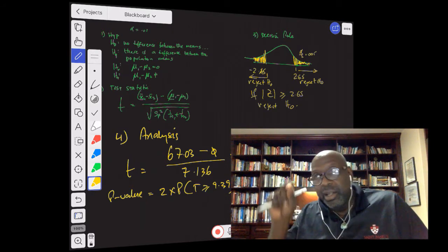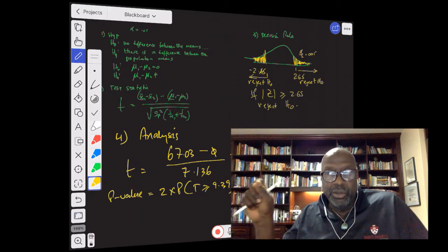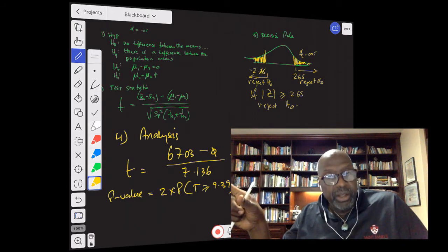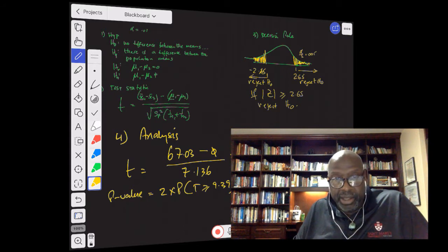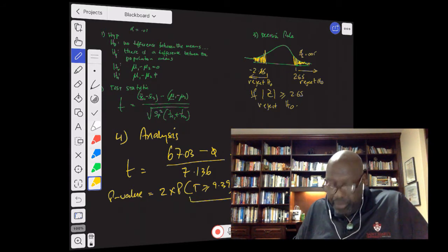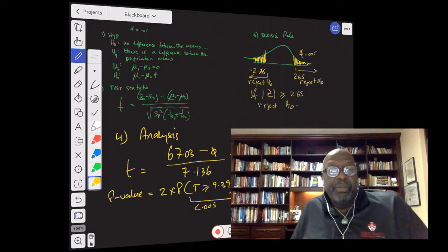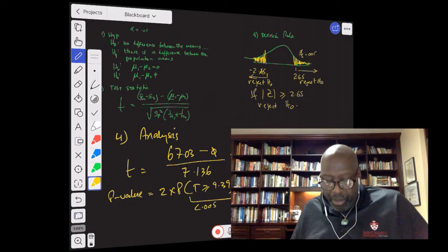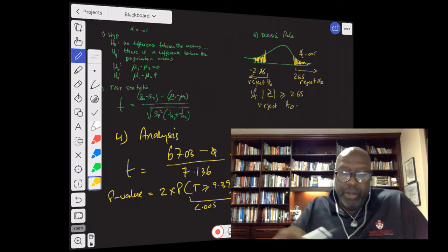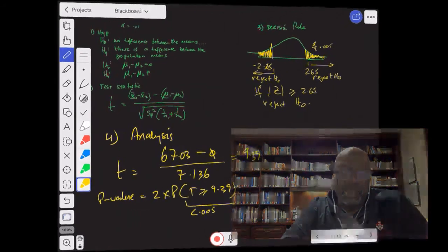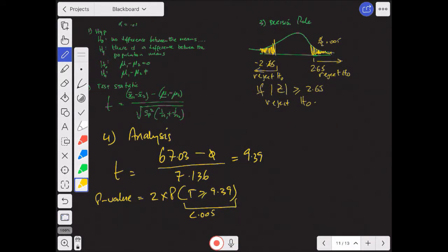But you will notice that the smallest value in the table is 0.005. So this piece right here is less than 0.005. If we multiply that by 2, we get less than 0.01. So we could safely say that this is less than twice 0.005, which is less than 0.01.